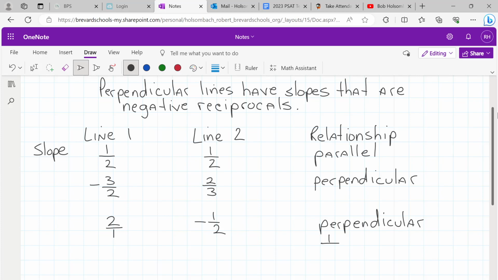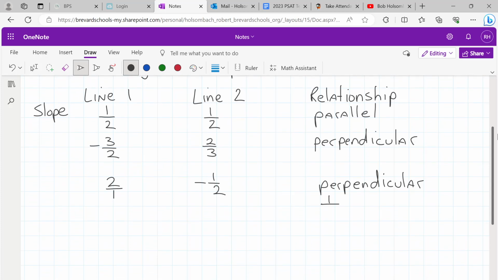And then the third type of lines that you'll see today is when line 1 has a slope of 3/4. Line 2 has a slope of negative 1/3. Are they parallel? The lines aren't parallel, are they? They don't have the same slope.